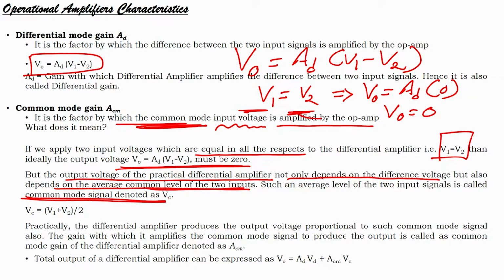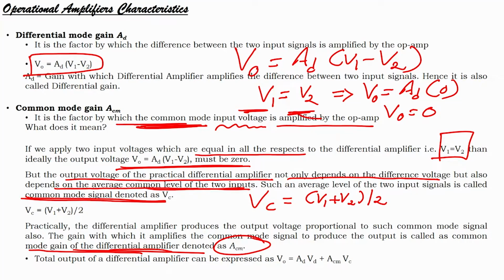It is the average of V1 plus V2 by 2. Practically, the differential amplifier produces an output voltage proportional to such common mode signal. The gain with which it amplifies the common mode signal to produce the output is called the common mode gain of the differential amplifier, denoted by ACM.